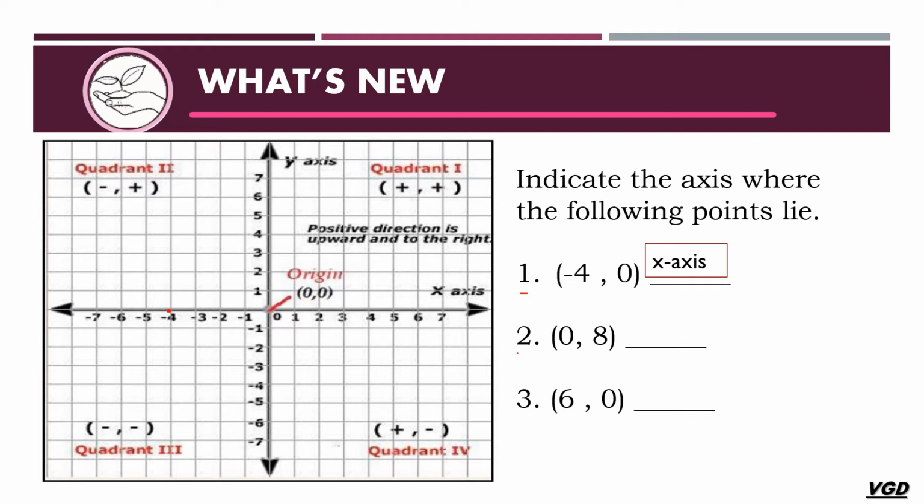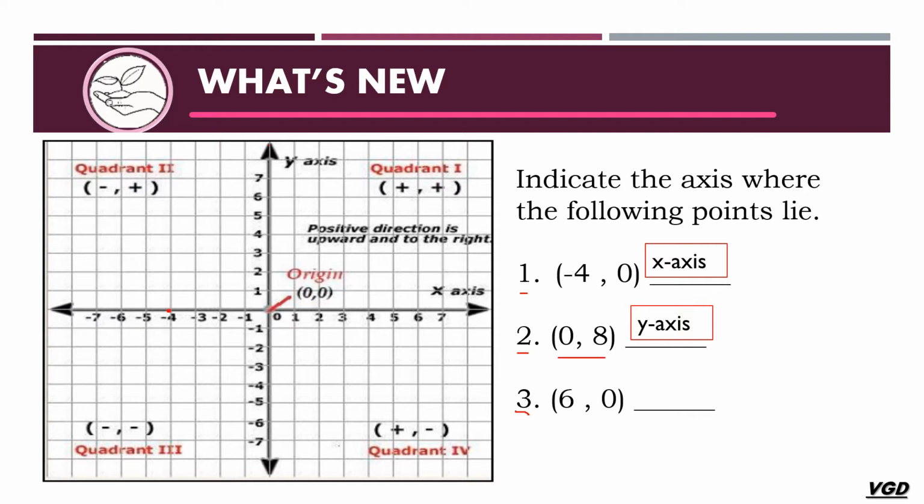Now let's proceed to number 2. We got here our x value is 0, but our y value is 8, positive 8, so it will just extend. So therefore, from the coordinates, you can already just identify that it is located in the y-axis. That's right. Now let's move on to number 3. Last number.